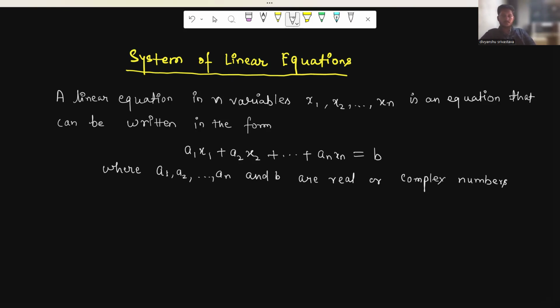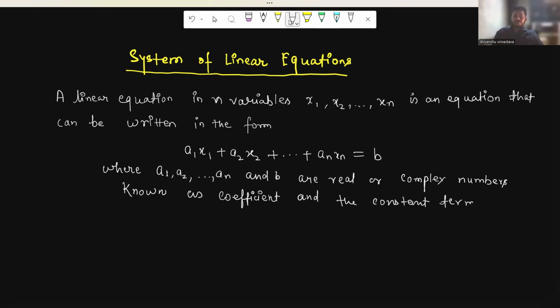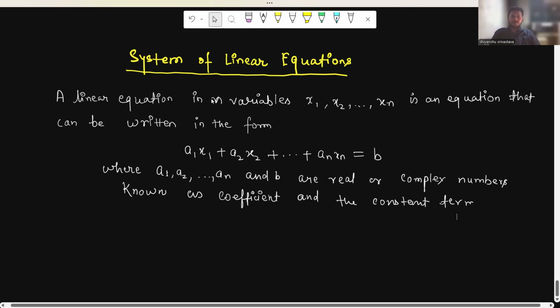These terms, real or complex numbers, are known as coefficients and the constant term. These are the essential features: each variable appears to the first power and not like, for example, sine x or x squared.